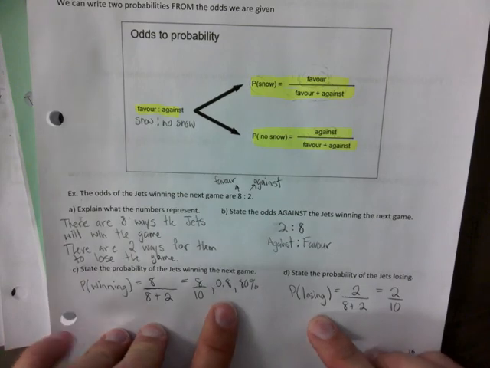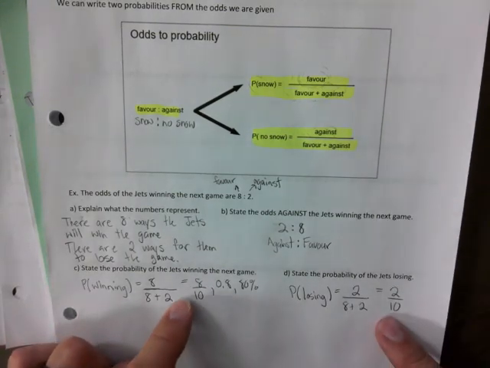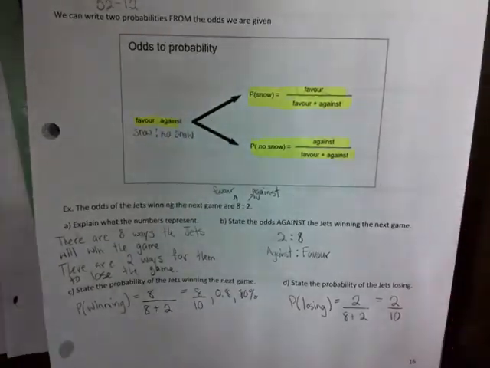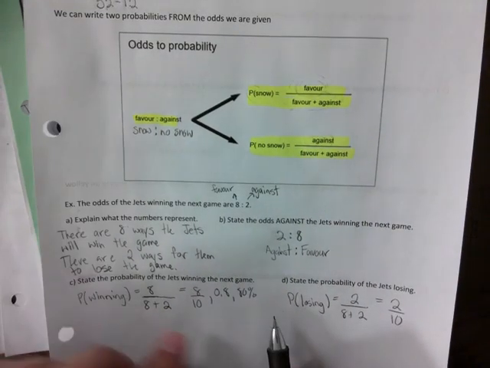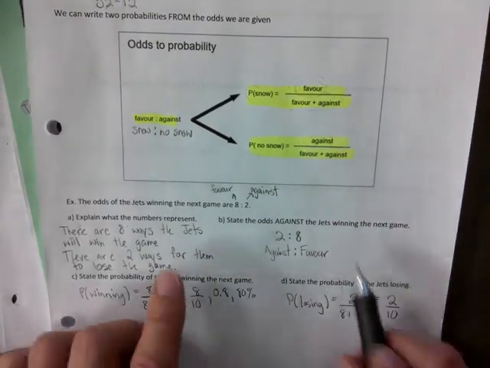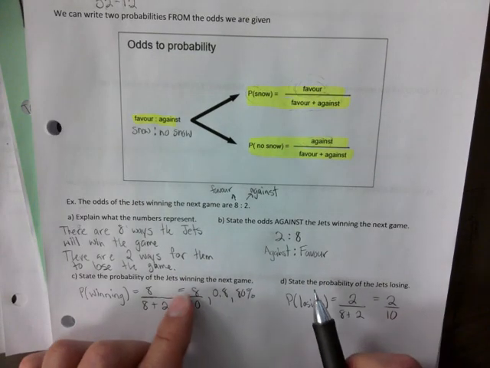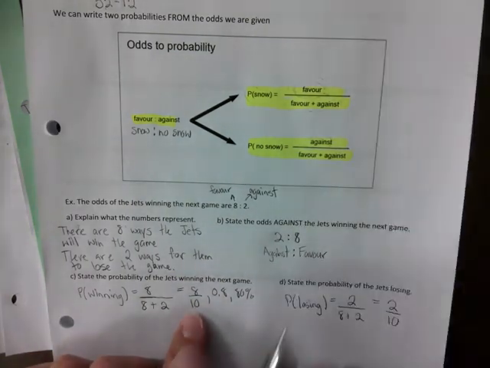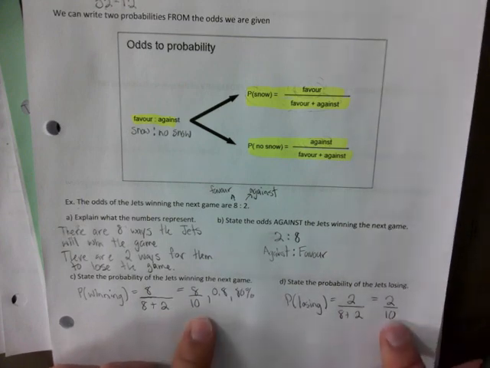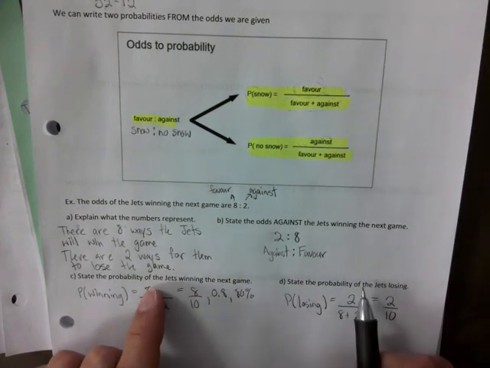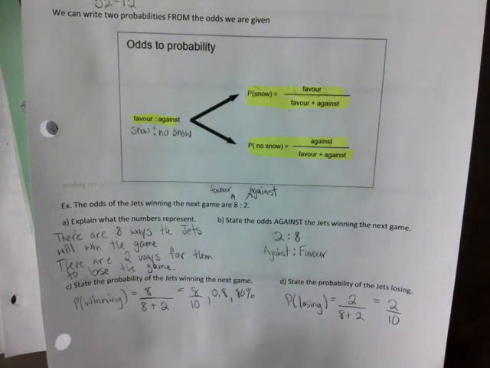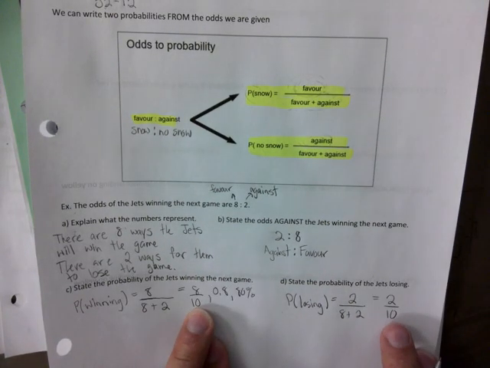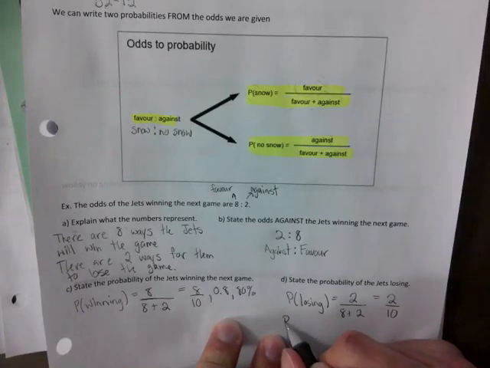There are a lot of ways you can mentally check if you're on the right track in some of these questions. Say this was on an exam, and you got 8 over 10 and 2 over 10. These are complements of each other. The Jets can either win the game or lose the game.